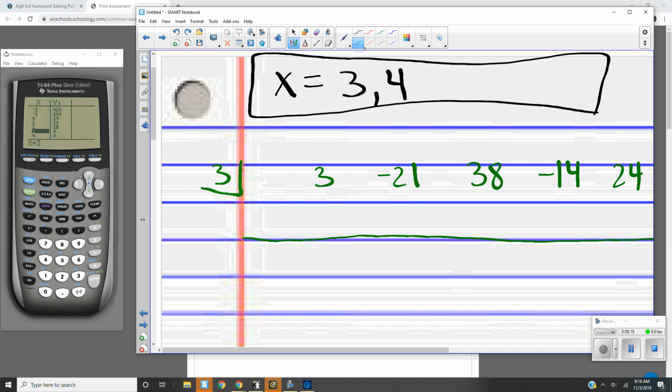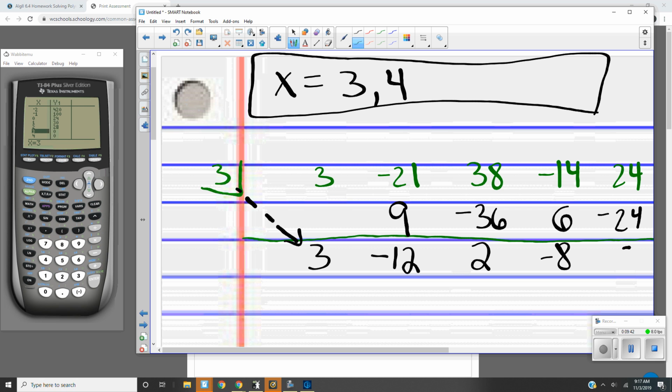So we're going to add and multiply. Bring down the 3, multiply it by the 3 in the box. You get 9. Add, you get -12. Multiply by 3, you get -36. Multiply 2 times 3, you get 6. You get -8. Multiply by 3, we're just adding and multiplying.